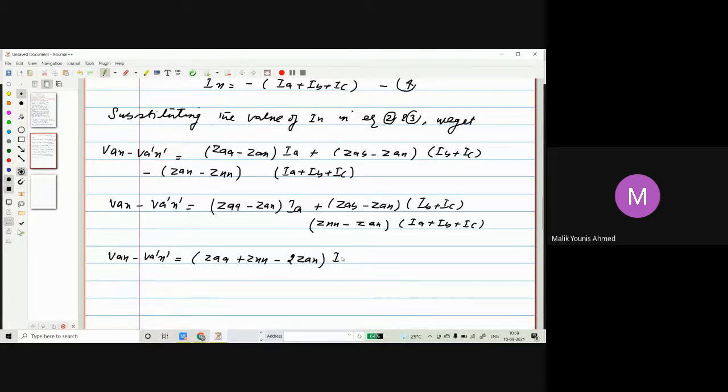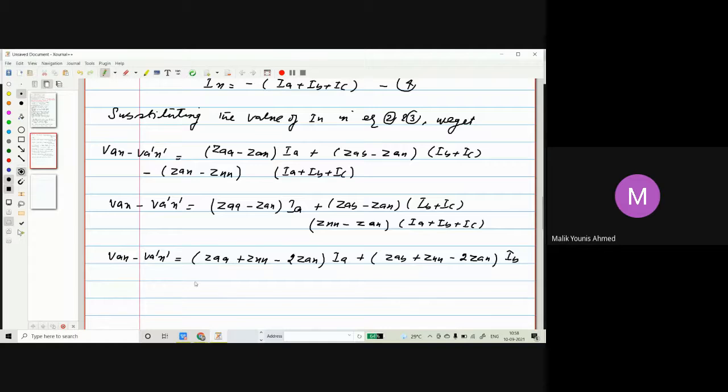That will become IA. Similarly, you can check ZAB plus ZNN, and similarly we are going to get minus 2 ZAN for IB. Simplifications.